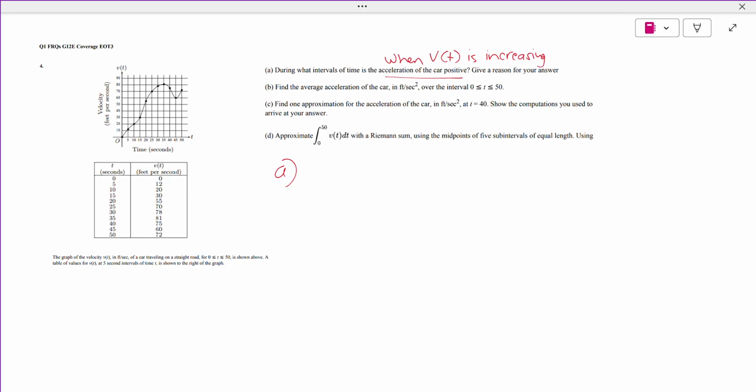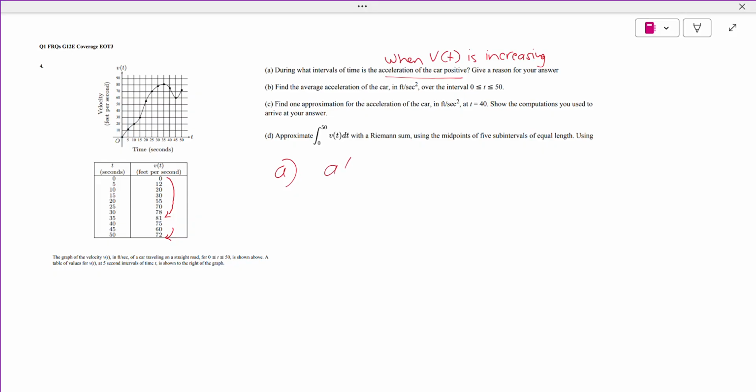You look at the table, the velocity is increasing up to what? Up to 81, and then from 60 to 72. So it is increasing. So the acceleration is positive.